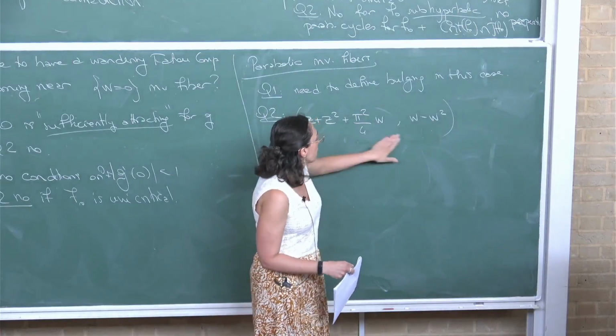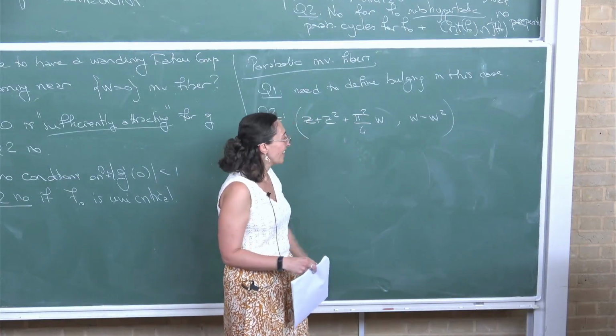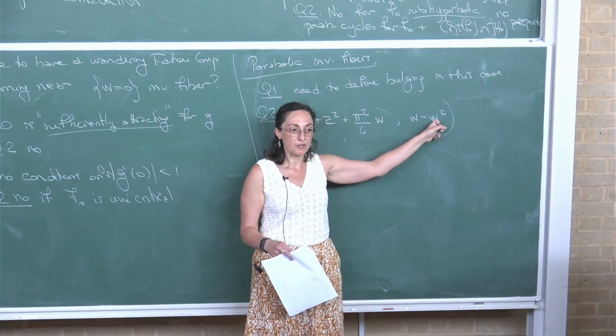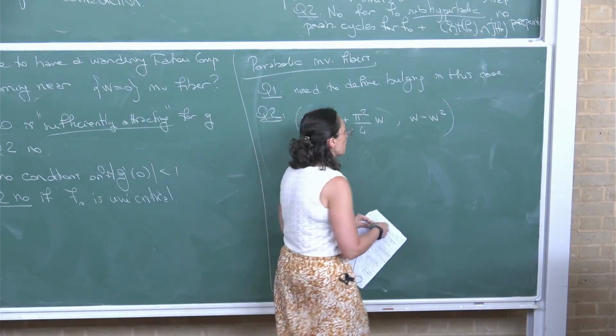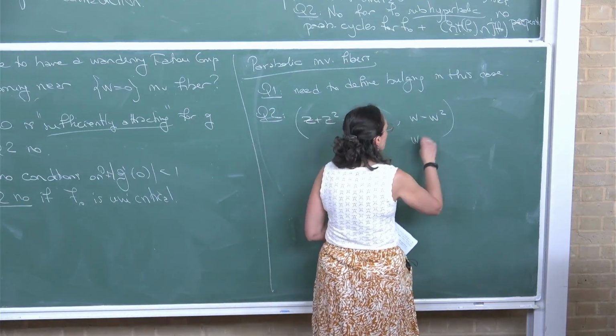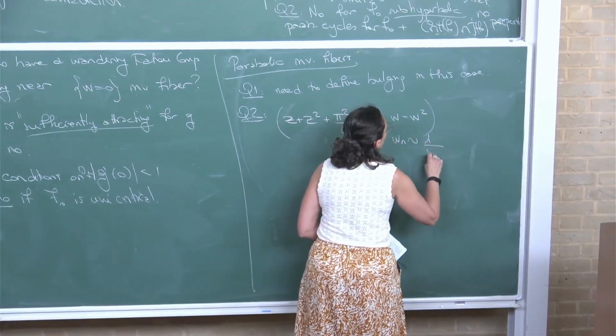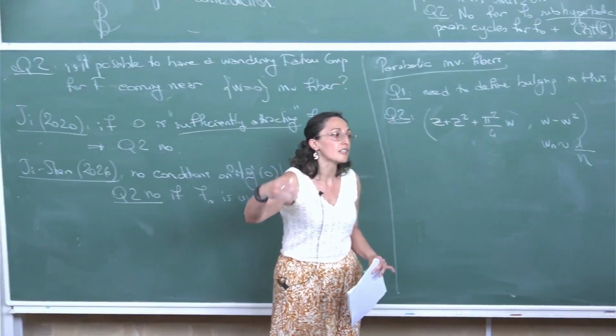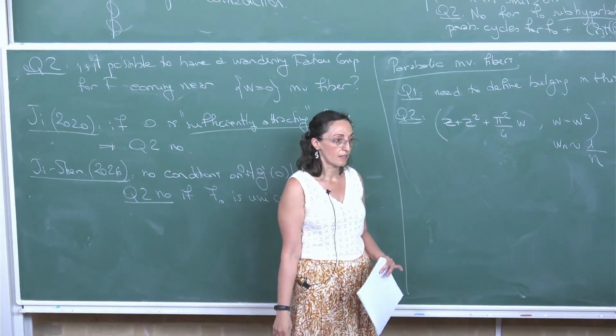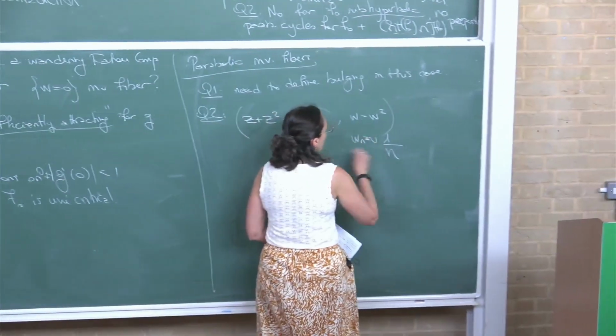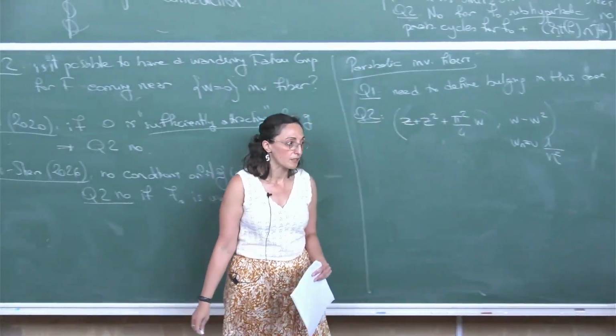But now if I forget about this, and I take w minus w squared, well, I know what happens for wn. When I iterate, wn is more or less 1 over n. It's tending to 0 like 1 over n. So if I take wn squared, I will have 1 over n squared.